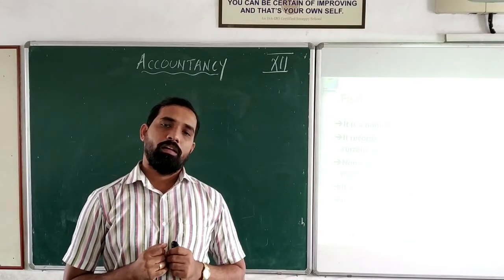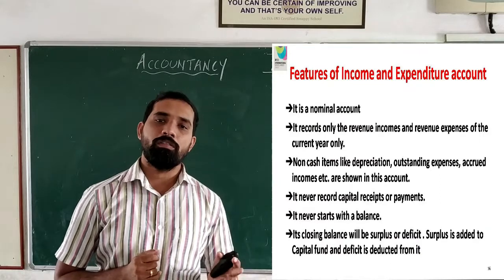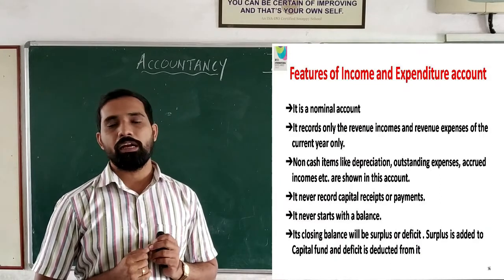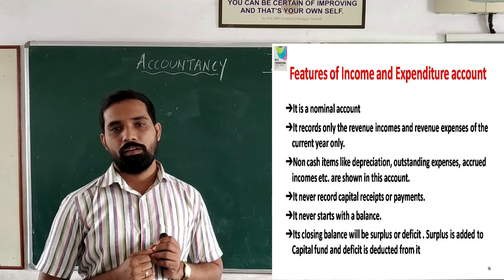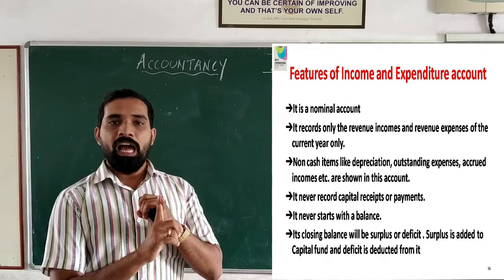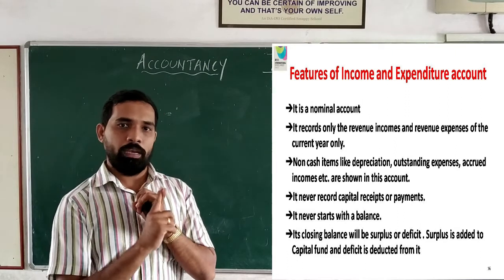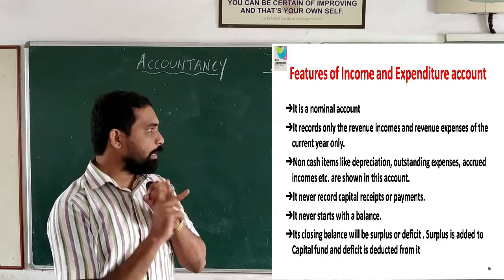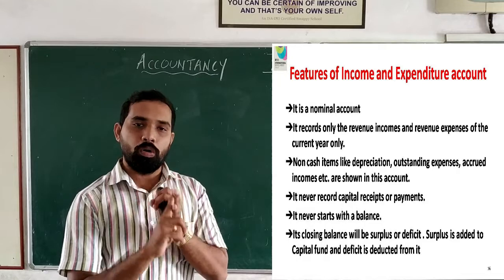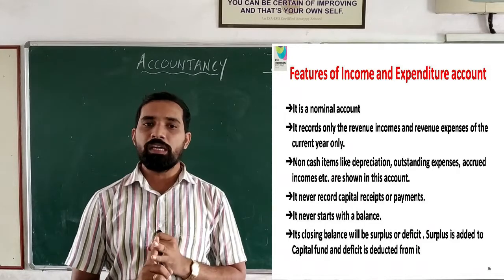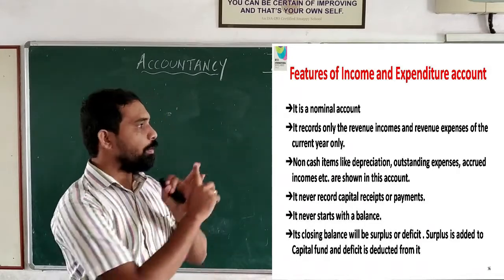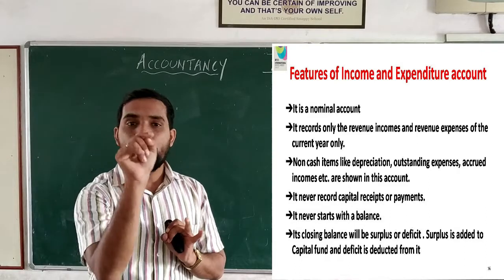Okay. Next we can discuss the features of income and expenditure account. The first point, it is a nominal account. The second one, it records only the revenue income and revenue expenses of the current year.